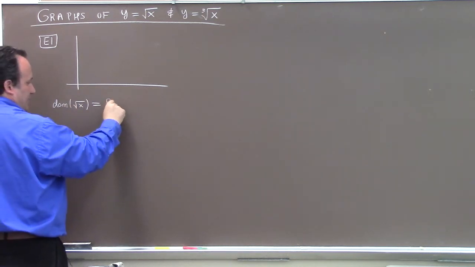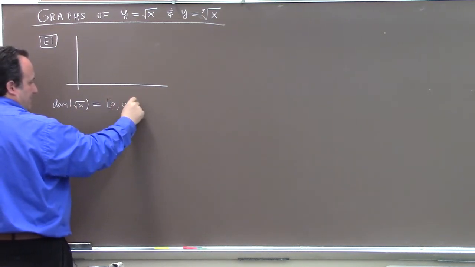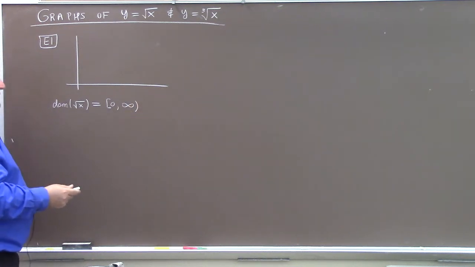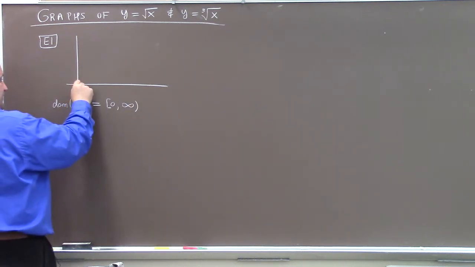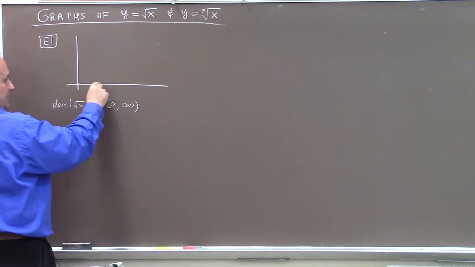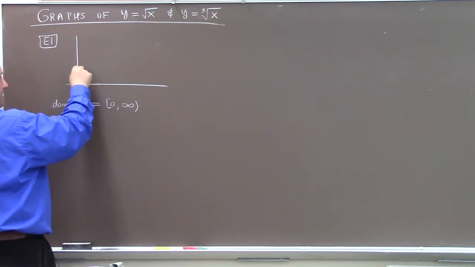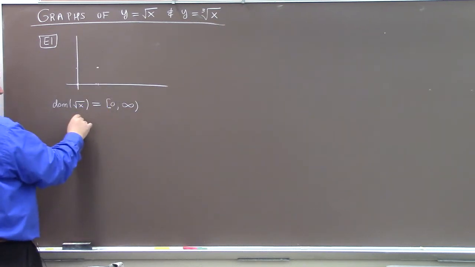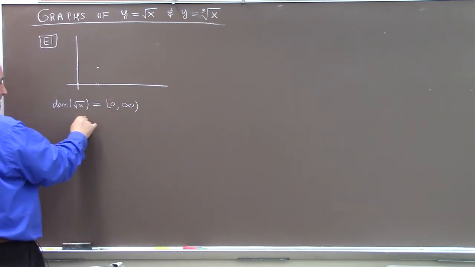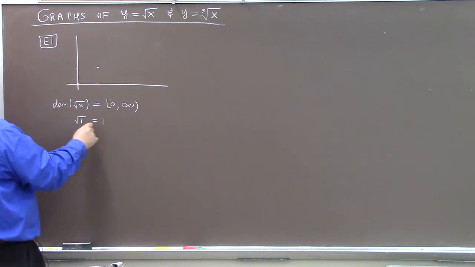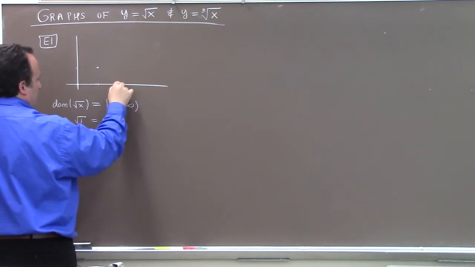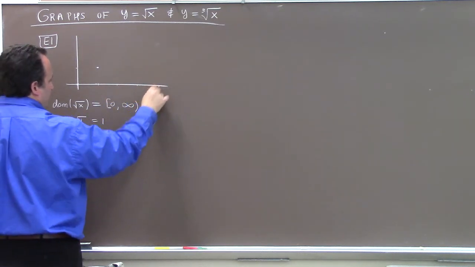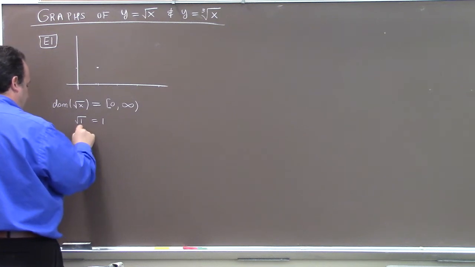It starts at 0, and it goes on. So what's the square root of 0? The square root of 0 is 0. Square root of 1 is 1. And let's see here, 2, 3. By the time I get over to the 4, square root of 4 is what?